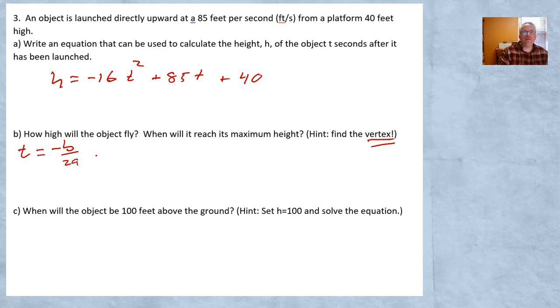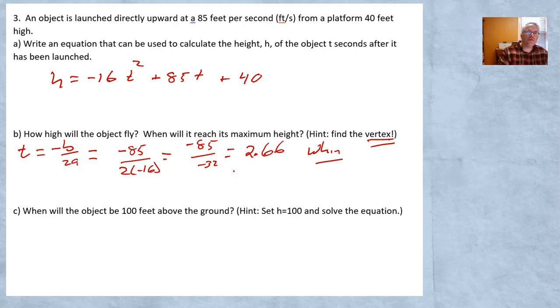That's the x-coordinate of the vertex, and that'll give us the time it hits the top. So that's minus 85 over 2 times negative 16, which is negative 85 over negative 32, which is about 2.66 seconds. So that answers the question, when.